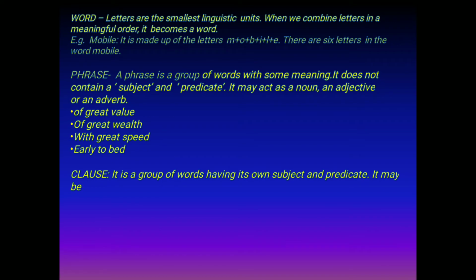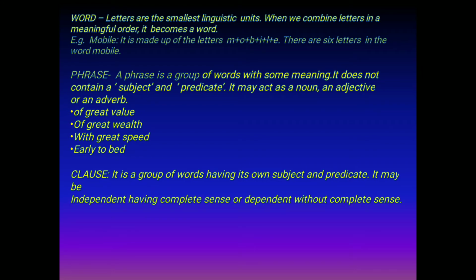Next is clause. Let's read it. It is a group of words having its own subject and predicate. It may be independent, having complete sense, or dependent without complete sense. Means words and phrases make up clauses.